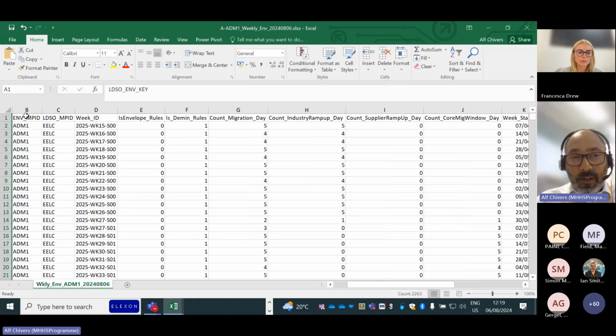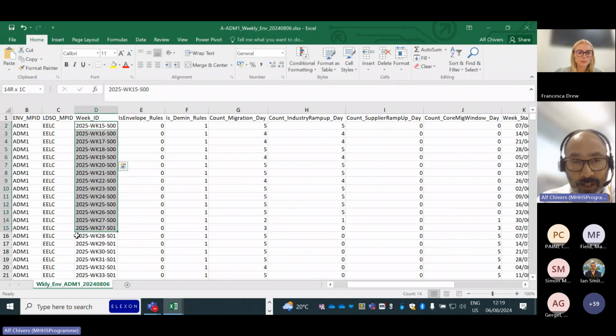So I'll just hide that now. For this given supplier with that envelope MPID and the ELC, we have a number of weeks, and we can see these week IDs are ordinal, starting with week 15, and that's from the beginning of the year. And the last part is the sprint identifier.